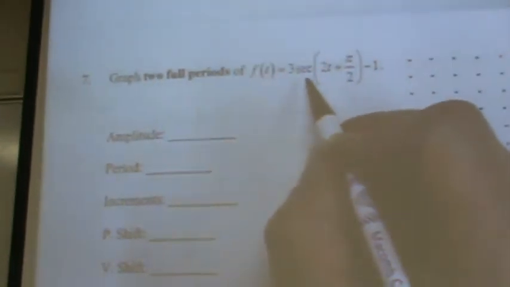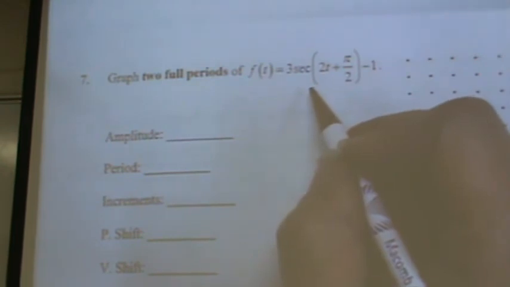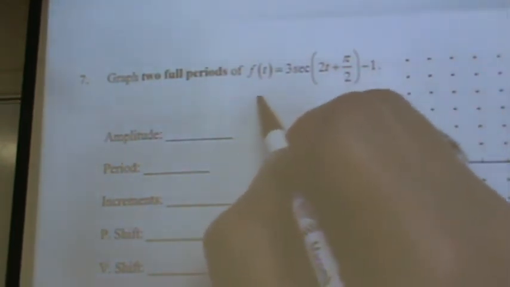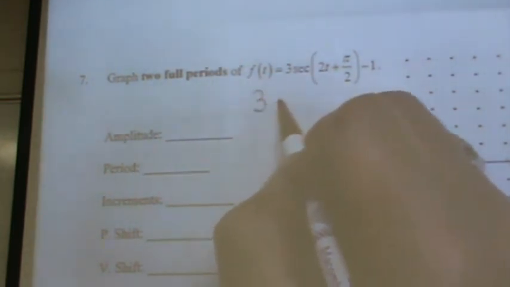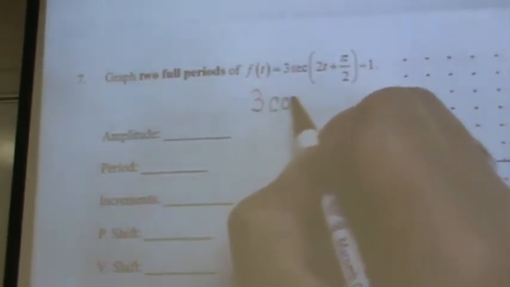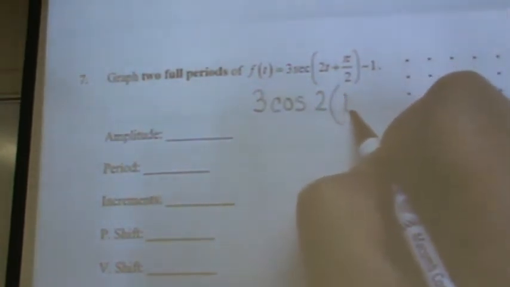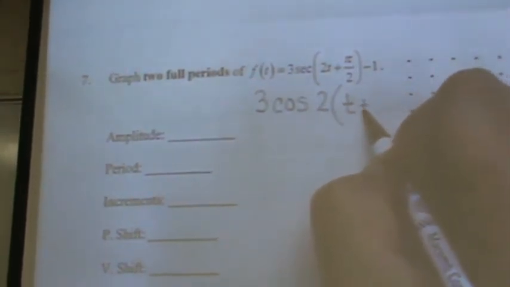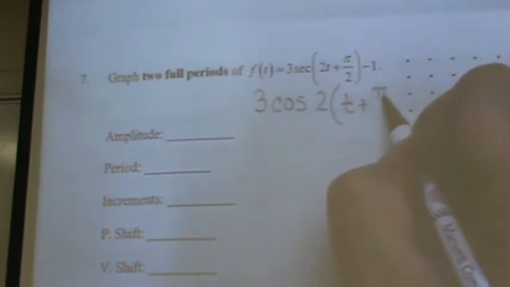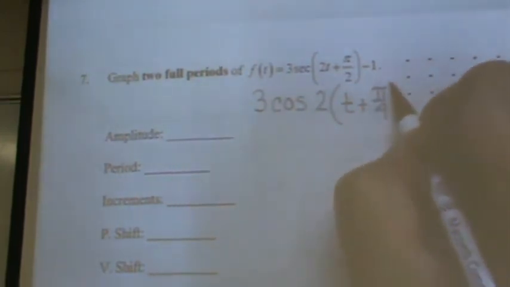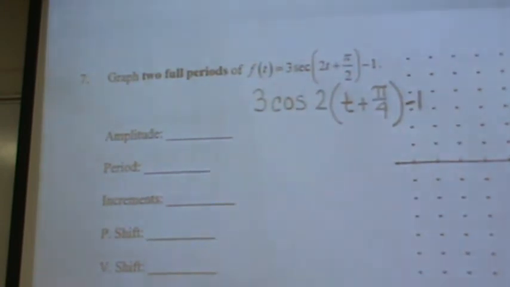7. Now, I'm introducing secant. What do you do with secant? You're going to graph cosine. Right?